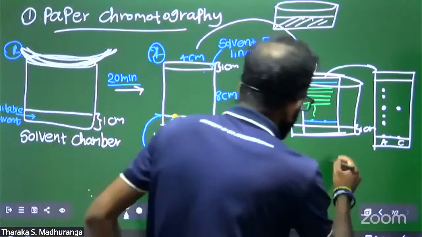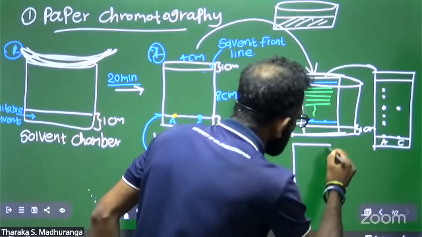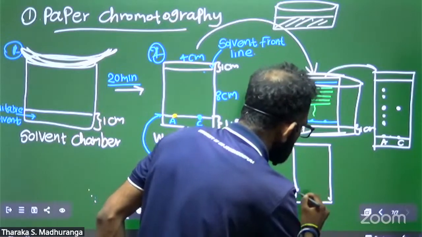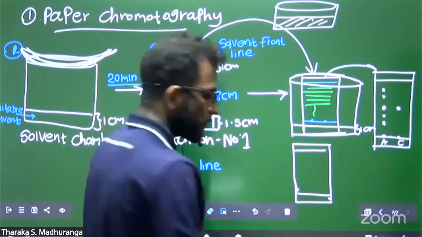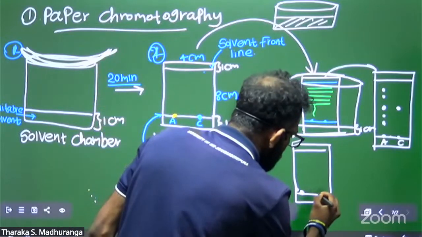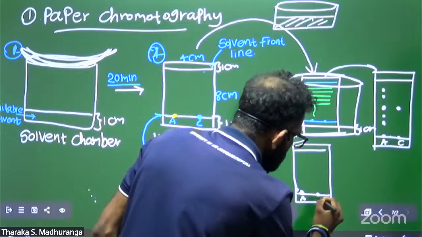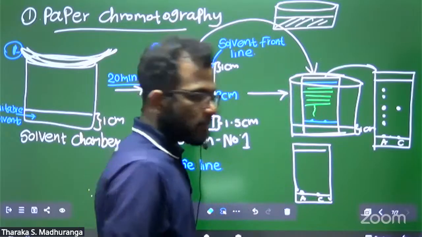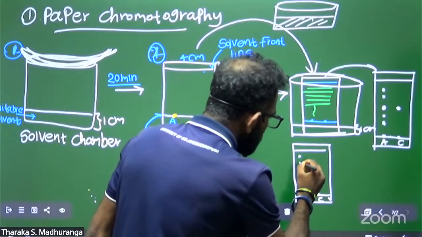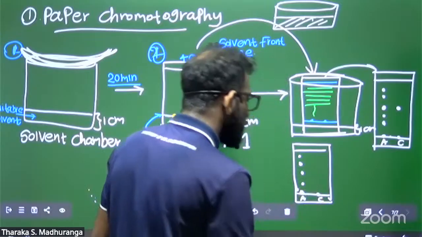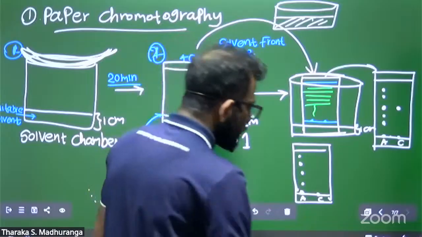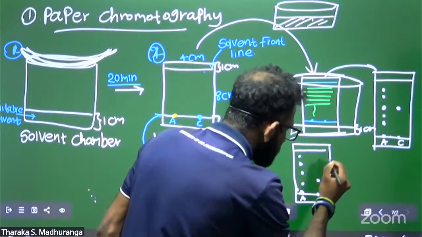Okay, if the final observation came like this, with the baseline and solvent front line, this is our crude product sample and this is the C control sample. These are the crude product dots, and this is the control sample.